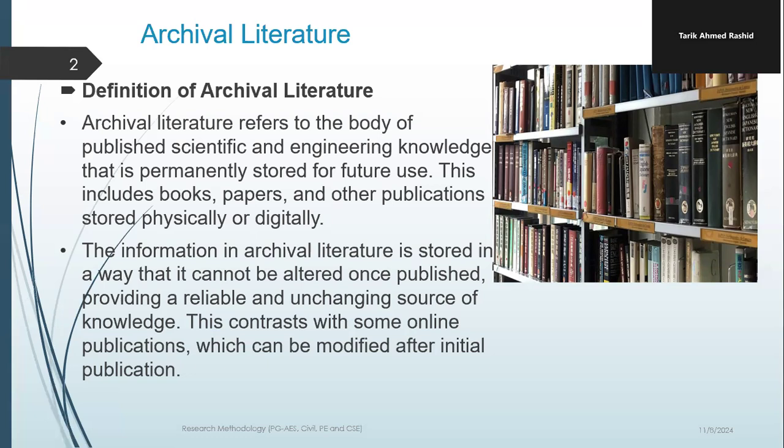Definition of archival literature. The main purpose of archival literature is to have a body of published scientific and engineering knowledge permanently stored so that you can use it for future use. This includes books, papers, and other publications stored physically or digitally. The information in archival literature is stored in a way that cannot be altered once published.